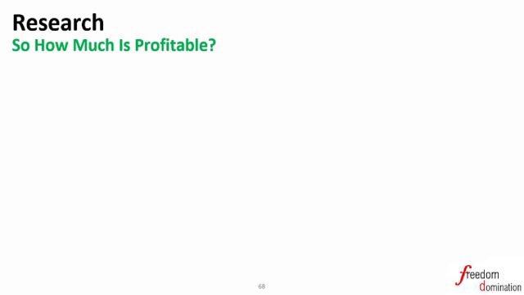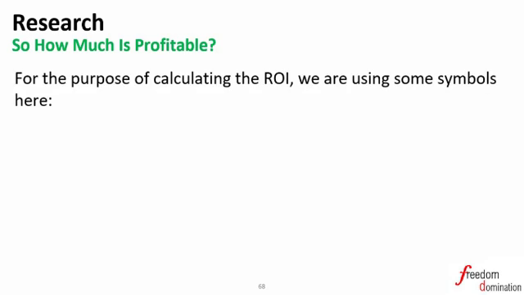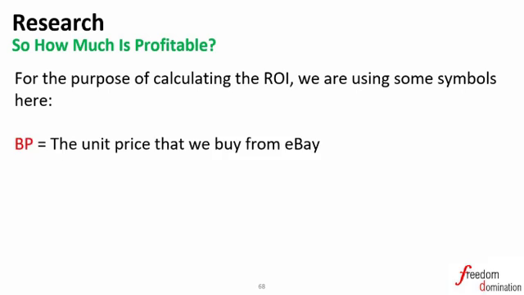Next, we're going to touch on how much is profitable for a product. For the purpose of calculating the ROI, return of investment, we are using some symbols here. BP, the unit price that we buy from eBay, which stands for buying price.